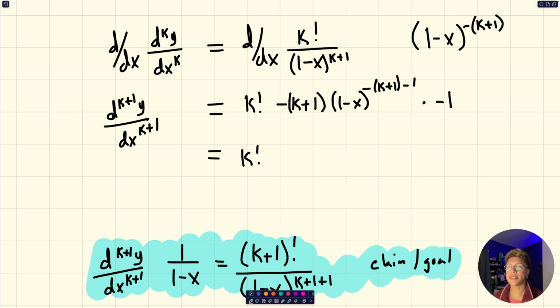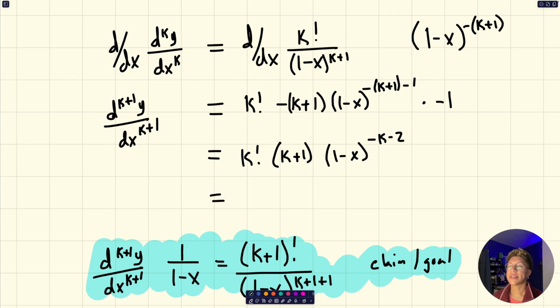Like we saw before, those negatives cancel out, and so we just get k plus 1 here, like that. And then here we get 1 minus x. And up here, we can kind of see that this is all negative. So we have negative k, negative 1, and then another negative 1.